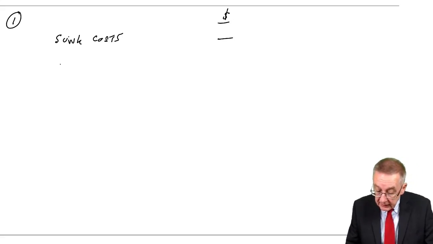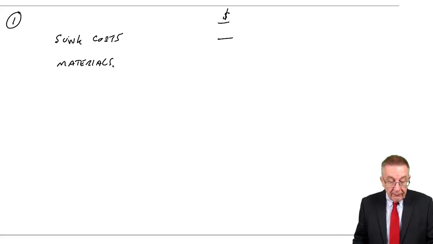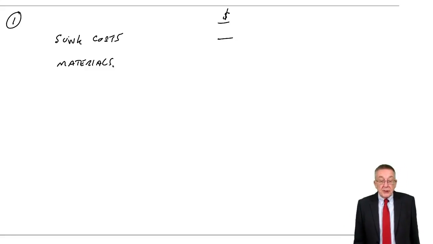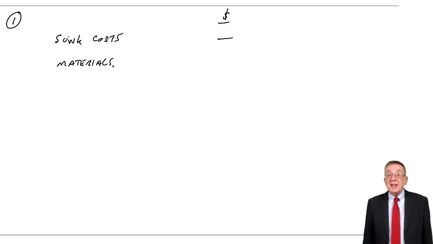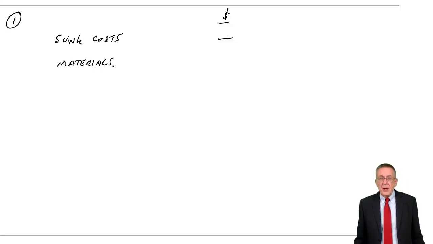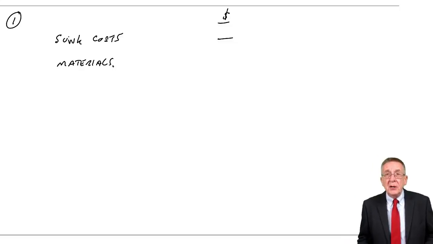First of all, materials. The materials required have just been purchased at a cost of 60,000. So we've already bought the materials. Those materials are there whether we continue with this project or we don't.